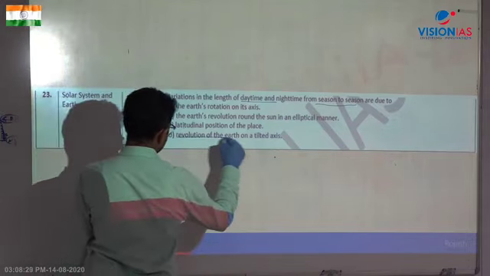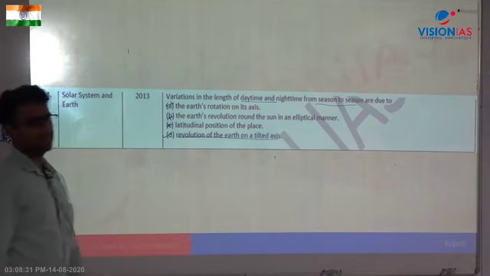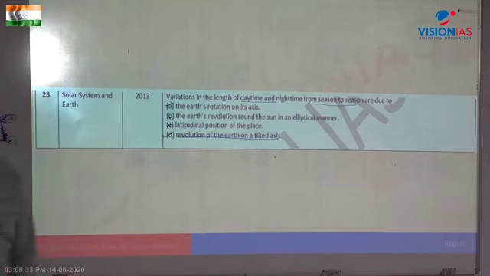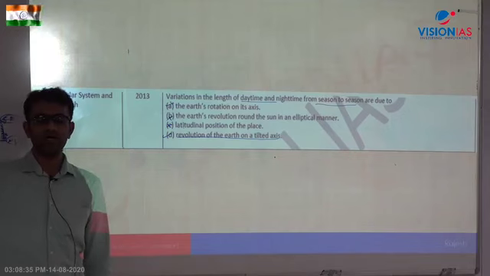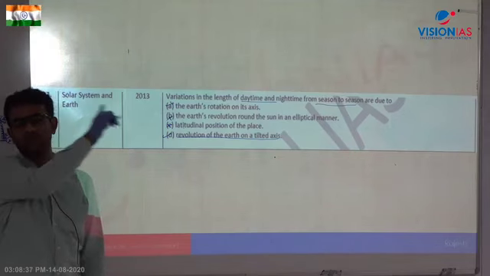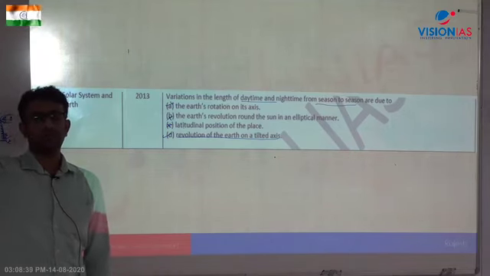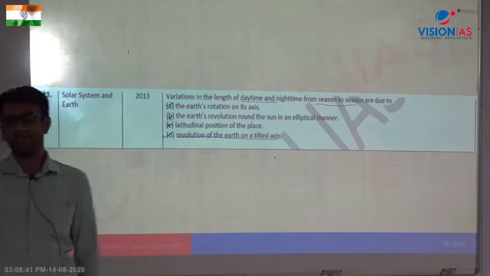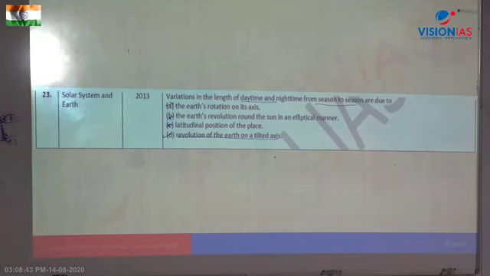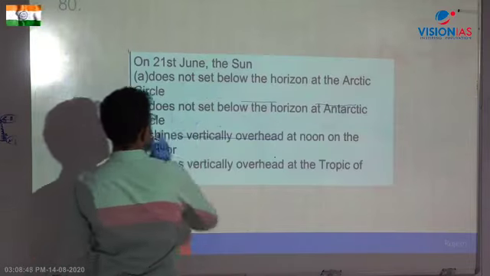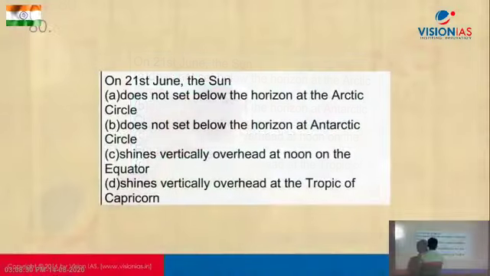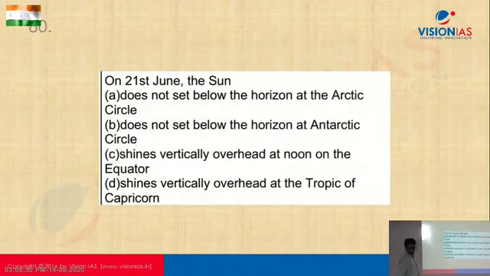It's the revolution of the earth on a tilted axis. Earth revolves around the sun with a tilted axis which is always fixed, right? Because of which the length of day and night would change. Answer is D.